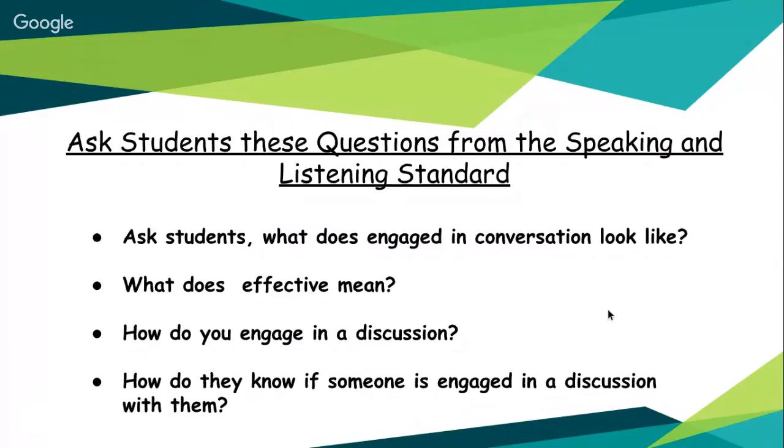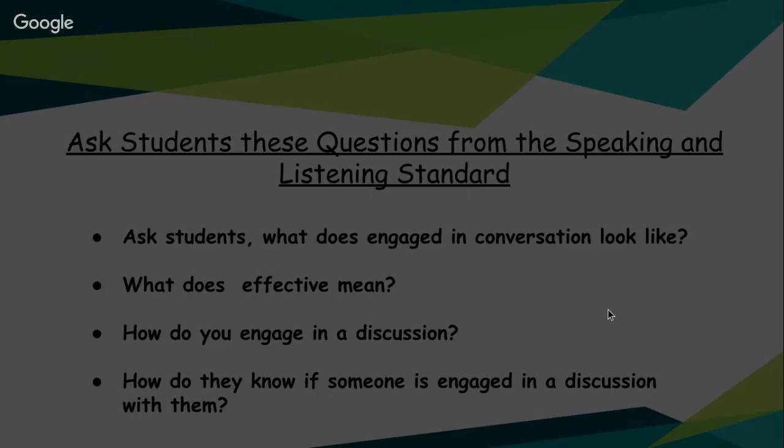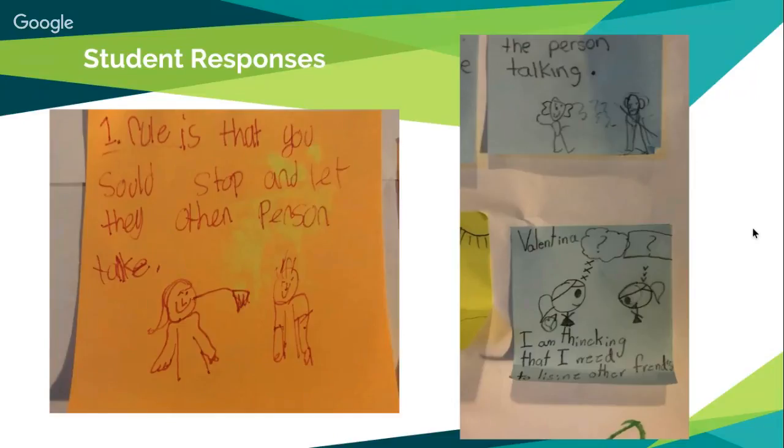I gave my students 5 minutes, a quick little sketch. I asked them to just draw a little sketch of what they think is important and write. Now remember, I have 2nd through 5th. And I have charts, and I love their sticky notes. If you look right here, one said, one rule is that you should stop and let the other person talk.